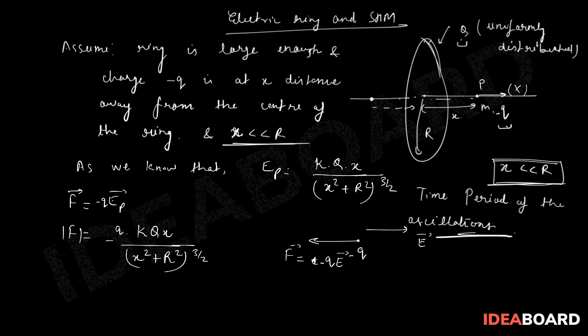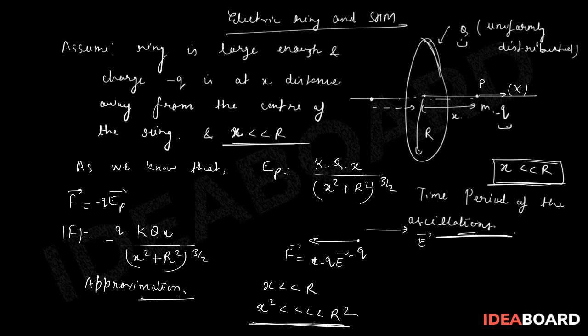So yeah, we achieved this, but now here there is an approximation. What kind of approximation is available? The approximation is that as x is very less than r, that means x square will be very much less than r square. So we can ignore x square in front of r square. So I can say that x square plus r square will be approximately equal to r square only, because x square is very small.